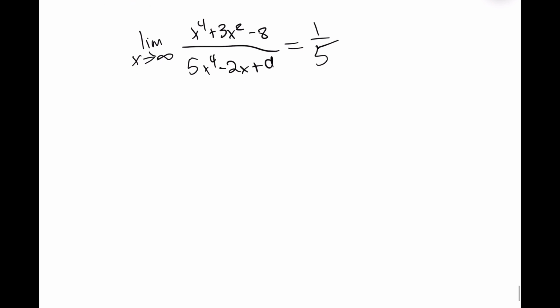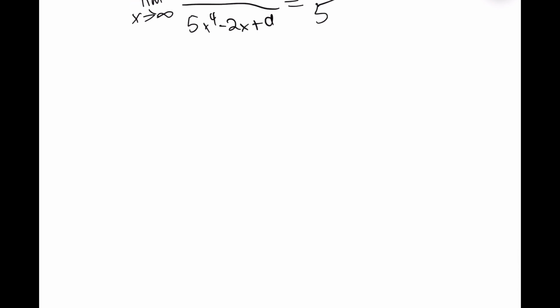Now here is actually a tricky question. We have the limit as x approaches infinity of sine x plus 3x over x. So you might stumble on this problem because you don't really know what to do, but that's okay.